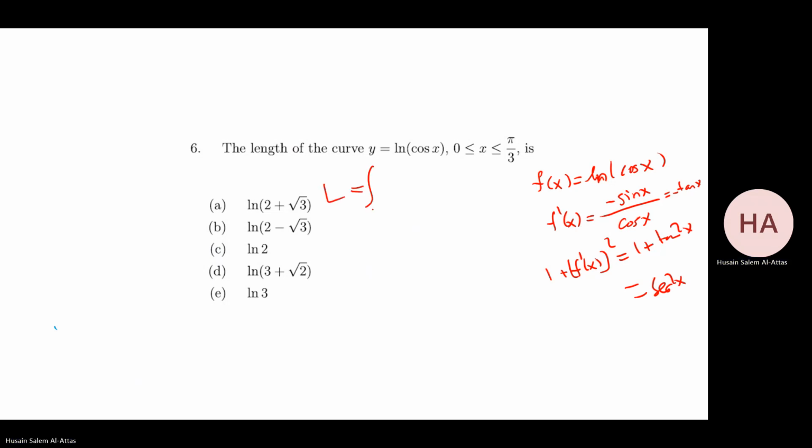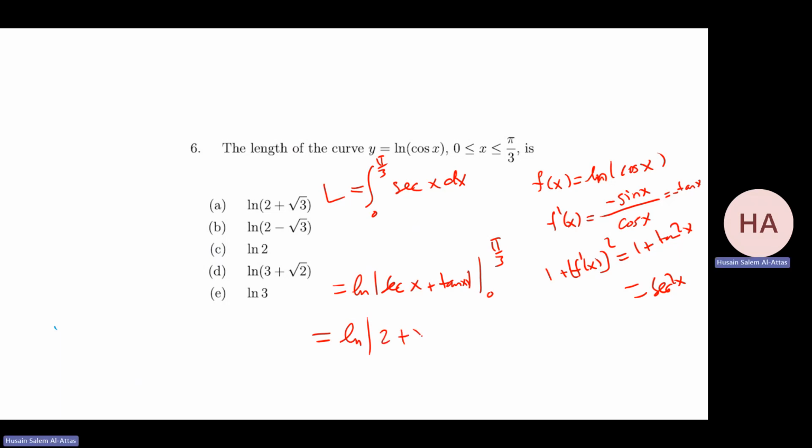So L from 0 to pi over 3 of the square root of secant squared, which is secant x dx. That will be then secant x plus tan x from 0 to pi over 3. And that gives me then 2 plus the square root of 3. No need for the absolute values, and this is always positive. Which is this one?